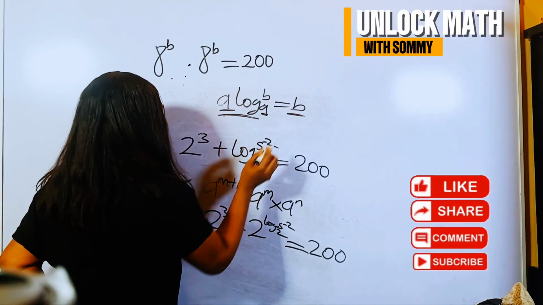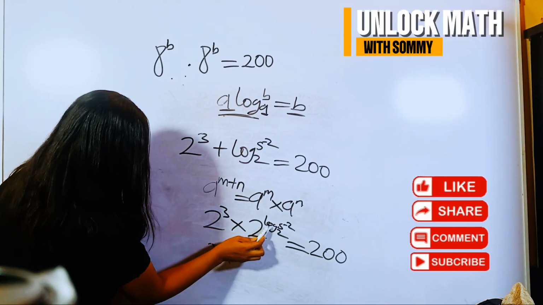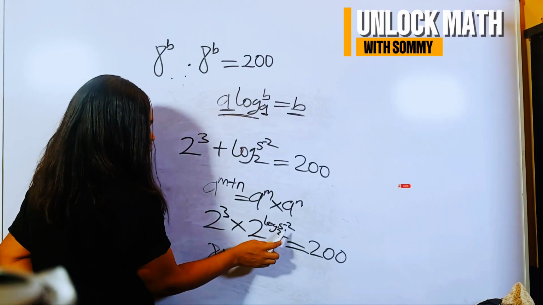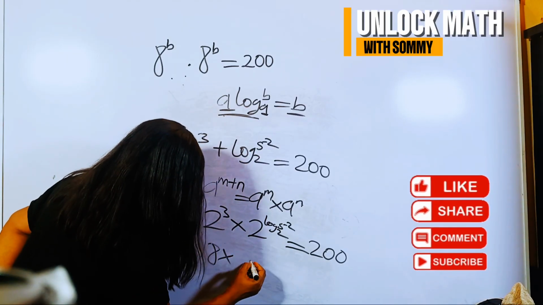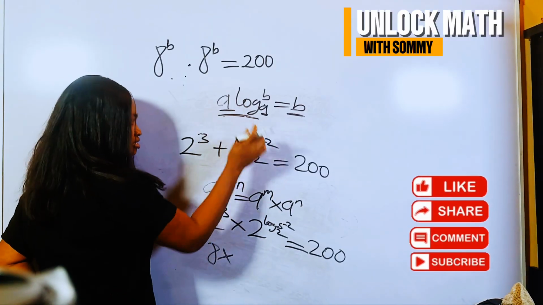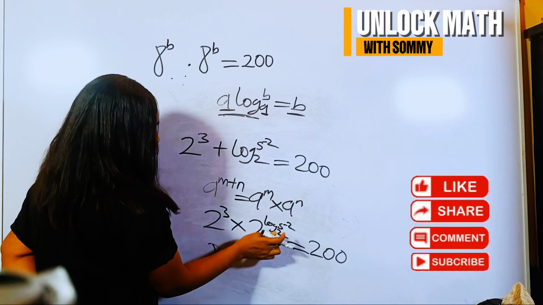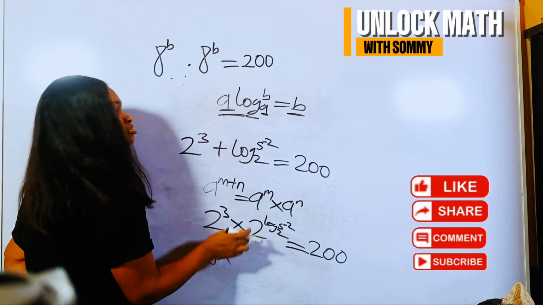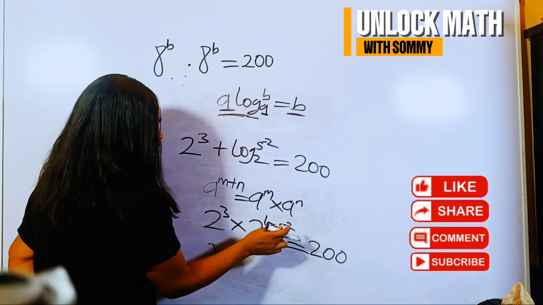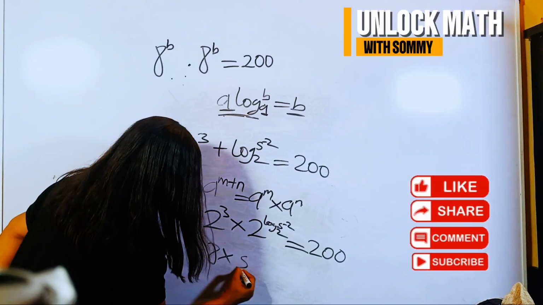Therefore, we now have b. If we apply this here, 2 raised to the power log 5 squared base 2 is now equal to 5 squared.